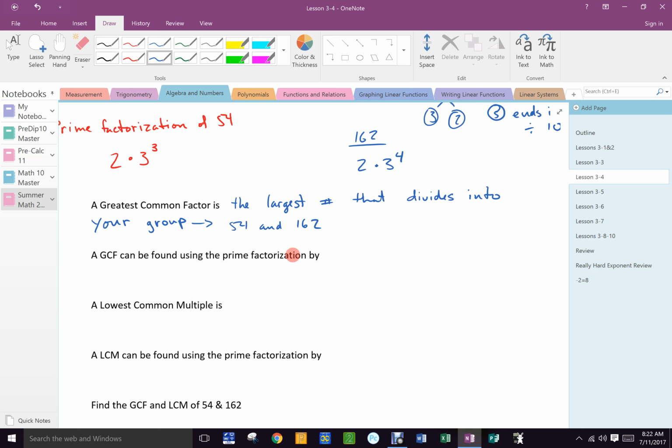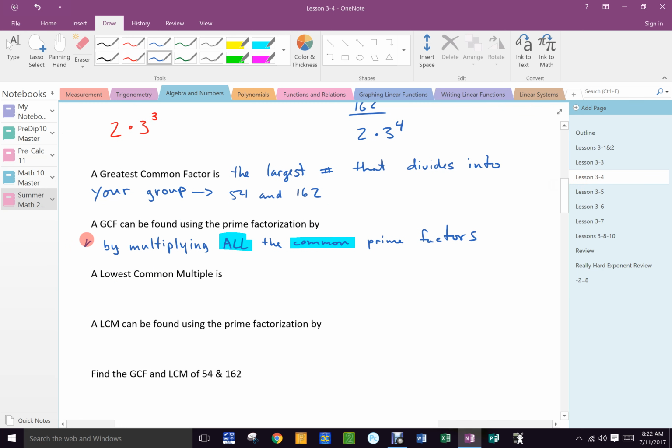A GCF can always be found by multiplying all, and I'm going to highlight all, the common prime factors. And we're going to do that in a minute, even though you already know the answer. I'm going to show you what I mean in a sec. Put a little star by that one.